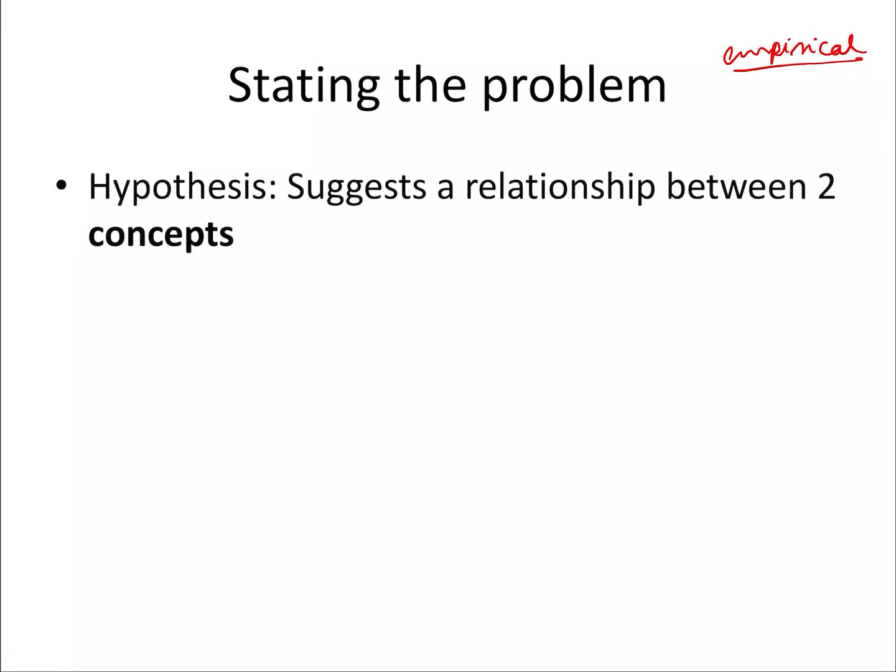The first way is a hypothesis. Hypothesis broken down means on top of a thesis. A hypothesis suggests a relationship between two concepts. It's considered a positivist or an assertionist way of looking at a research problem.